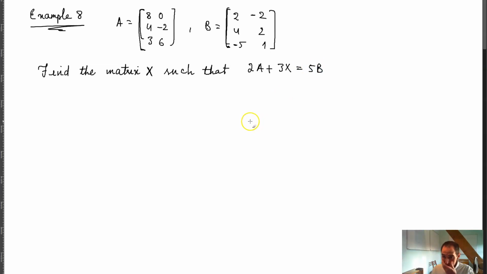Now, this you can solve like an equation and then find your matrices, meaning that you have to first solve for X, meaning that you have 2A plus 3X is equal to 5B, and therefore you can basically transpose and do whatever it is that you do in solving equations.